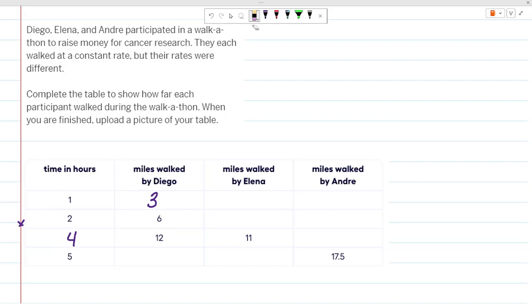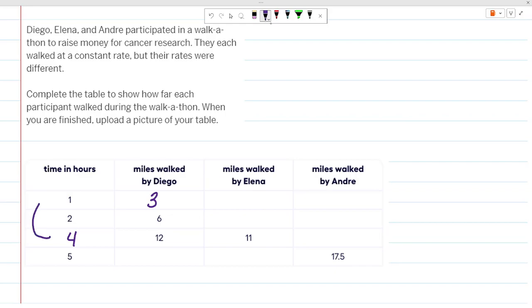Now we have some more information about Elena. We know that Elena walked 11 miles in 4 hours. So in order to finish the table, you can treat this as a puzzle where we say, okay, then in 2 hours maybe Elena walks half that distance because 2 hours is half as much as 4.